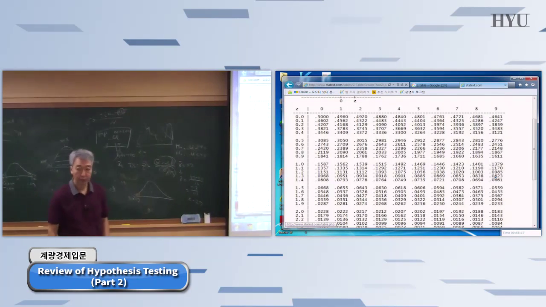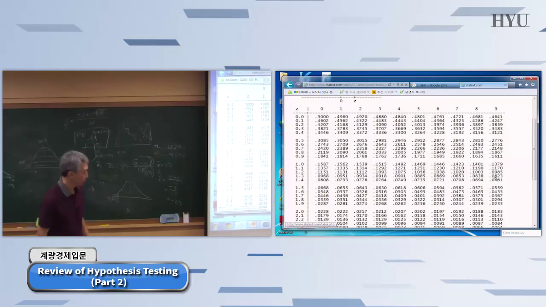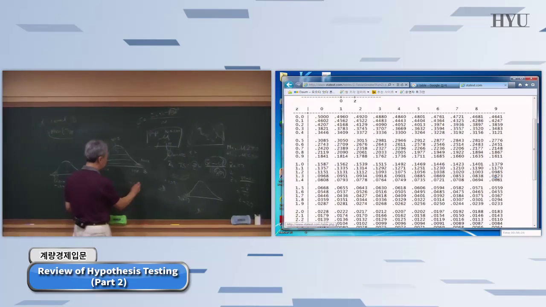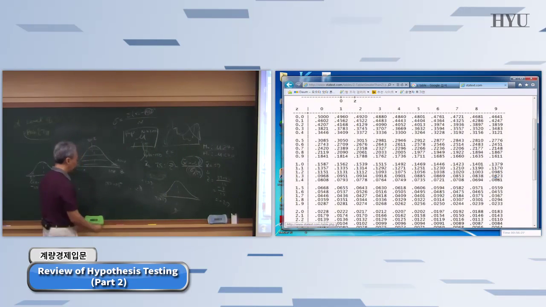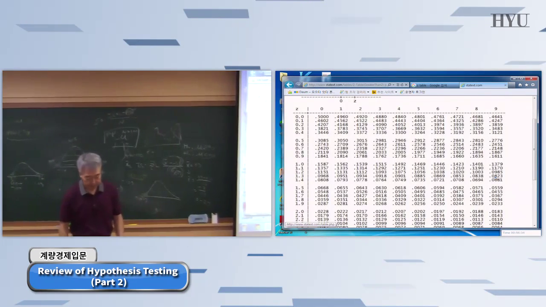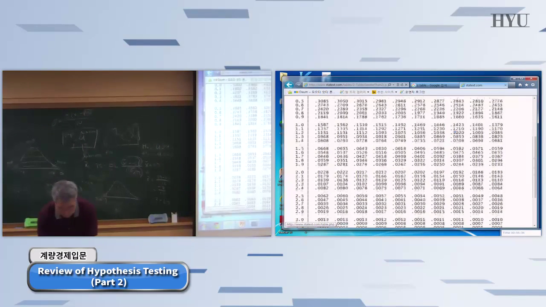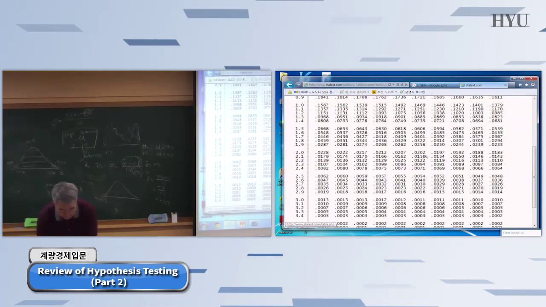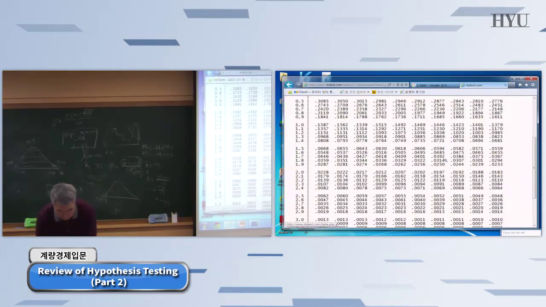Suppose you want to use an alpha of 0.05, which means half of alpha is 0.025. Then inside the table you have to look for 0.025, right here. 0.025 is 1.96.